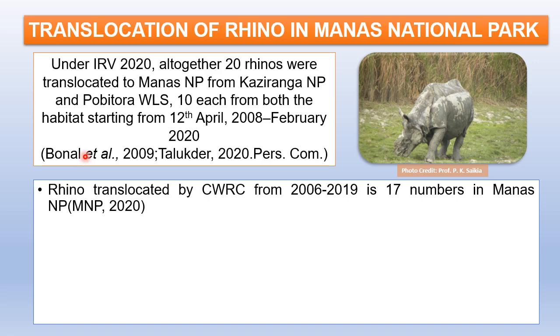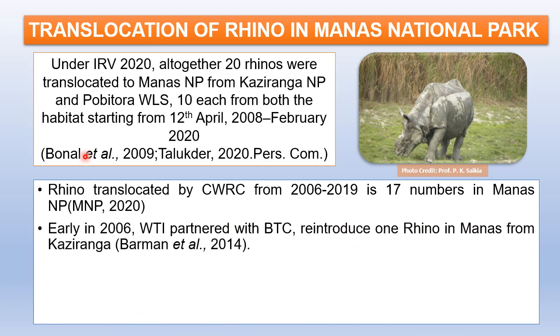The task force set a vision named IRV 2020, Indian Rhino Vision, to increase the rhino population to 3,000 in the wild in Assam in 7 of its protected areas by the year 2020 from the present population through the process of translocation.